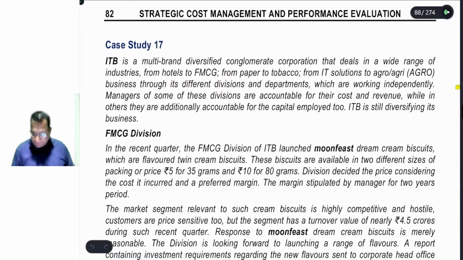Okay. So let's start with case study digest page number 82, question number 70. I'm starting this question. ITB is a multi-brand, diversified corporation that deals in a wide range of industries, from hotels to FMCG, from paper to tobacco, from IT solutions to agro, through its different divisions and departments, which are working independently.